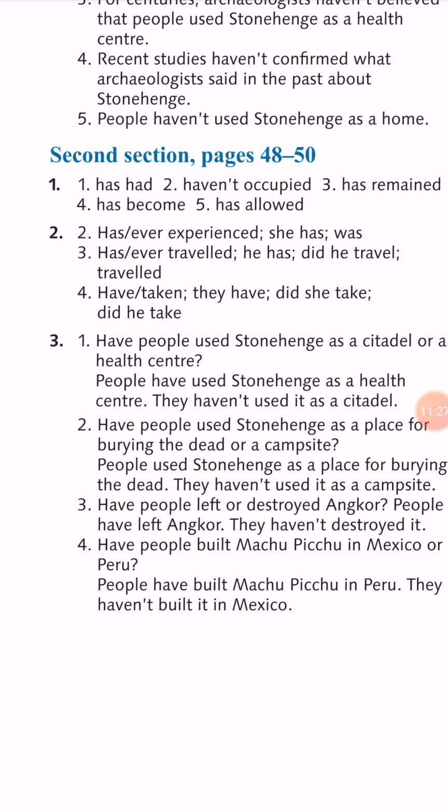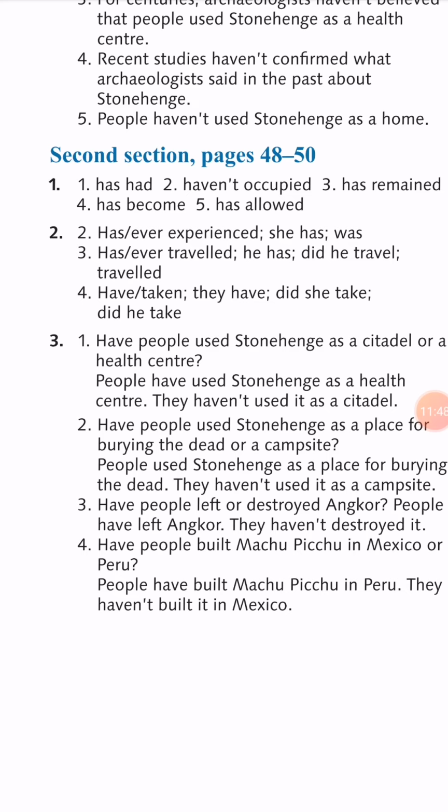Write questions using the present perfect simple, then answer them. Of course, all questions mean interrogative form, using the present perfect rule. Then answer them. So the answer has to be according to what? To the tick or the cross.